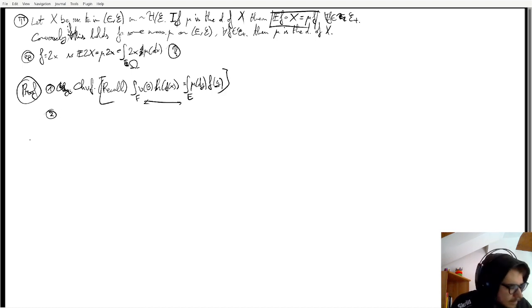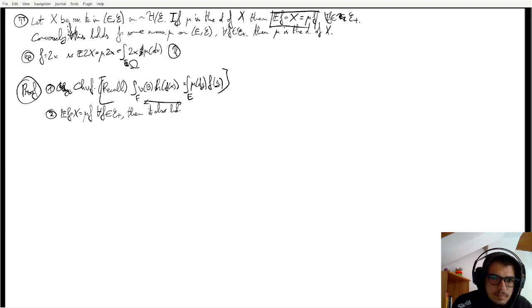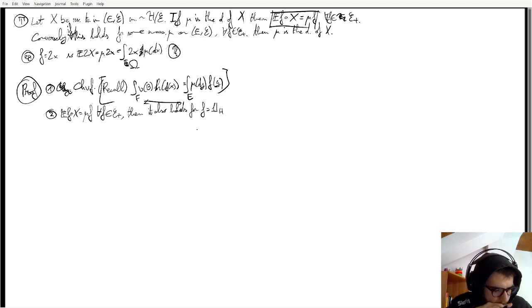Second part, if this formula holds, then it also holds for f being the indicator function of some set or some event, for any h.